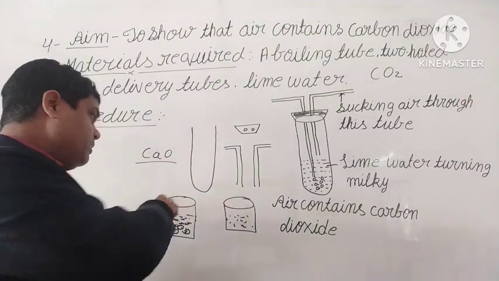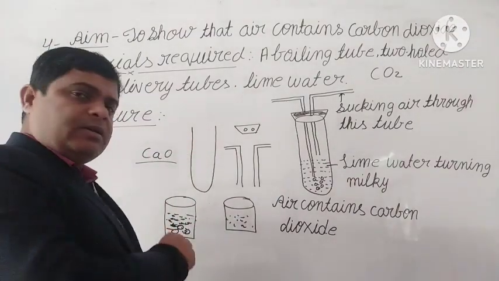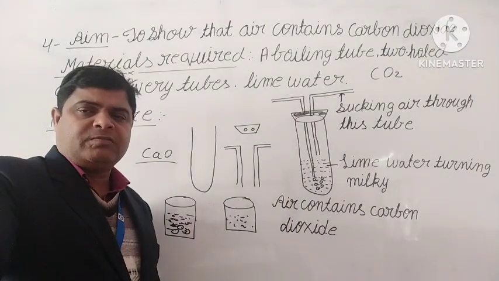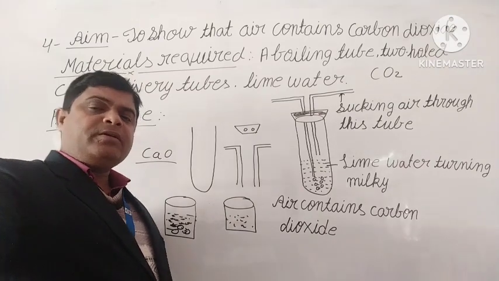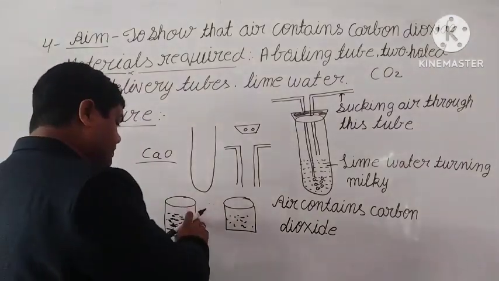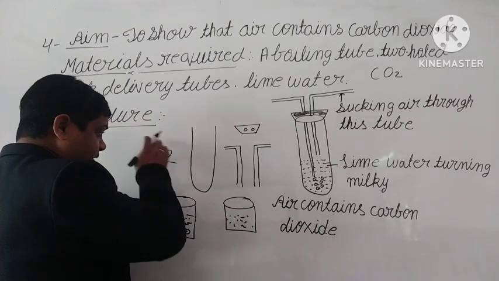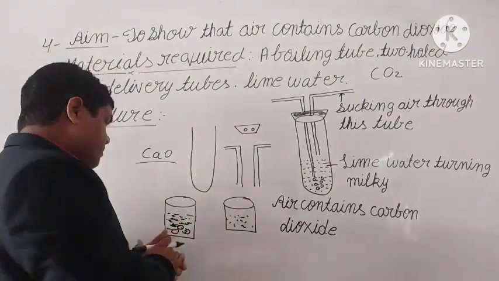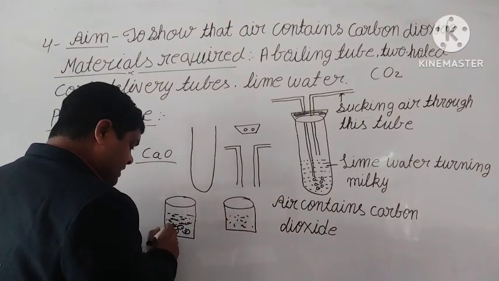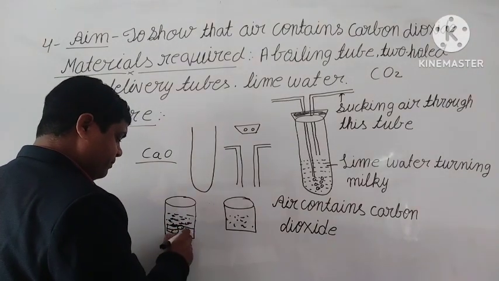Clear? So after adding the stone lime in the beaker, just keep it without disturbing for half an hour or one hour. Clear? After one hour, we see that the calcium oxide, stone lime, is completely mixed in the water, and after that it settles on the base.